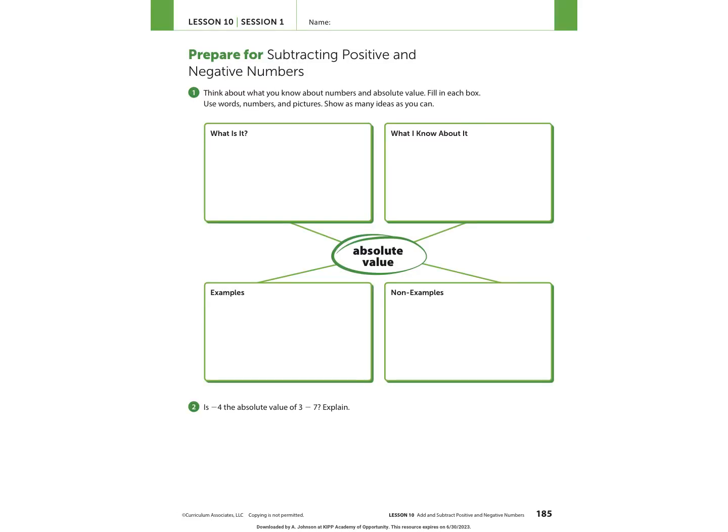So when we think about what we know about numbers and absolute value, what is it? Absolute value is the distance from 0. What do I know about it? Absolute value is always going to be a positive value, because distance can't be negative.